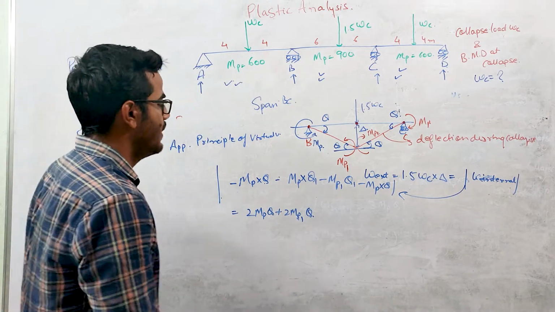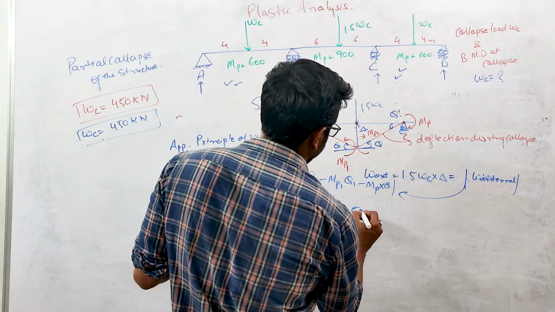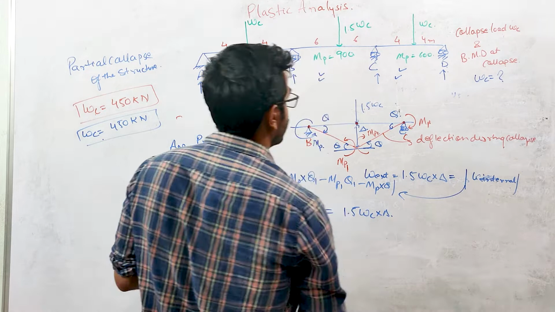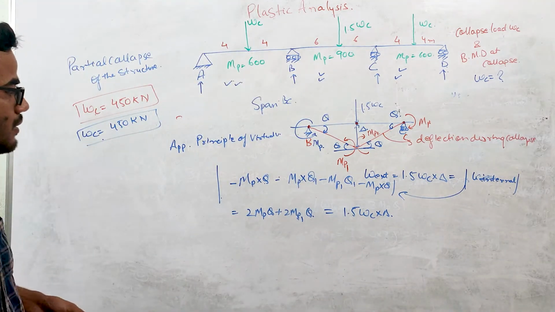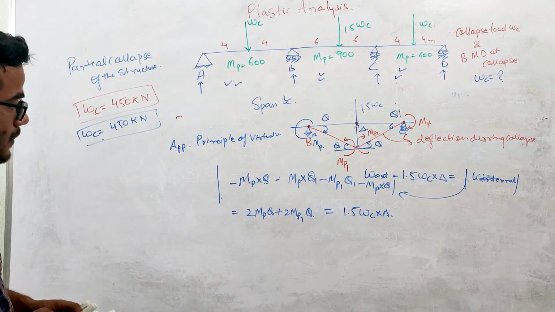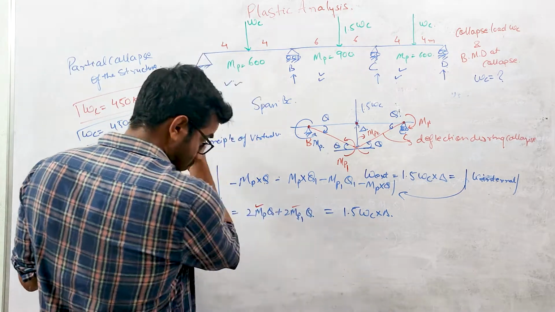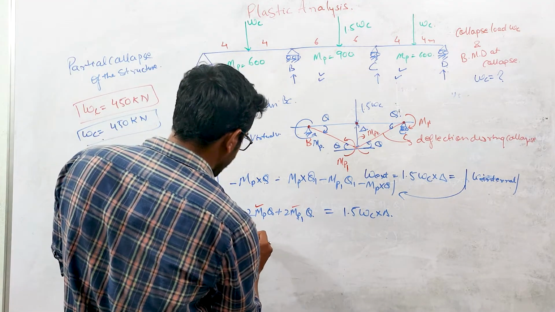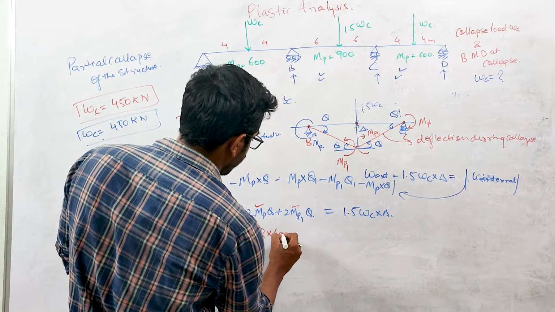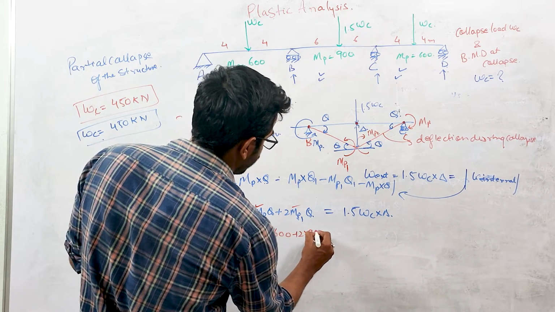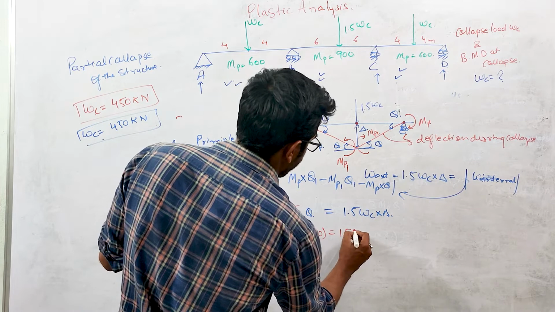So this is equal to 1.5 WC into delta, right? So MP value we know, MP1 value we know. So theta is common: 2 into 600 plus 2 into 900 equals 1.5 WC into delta.